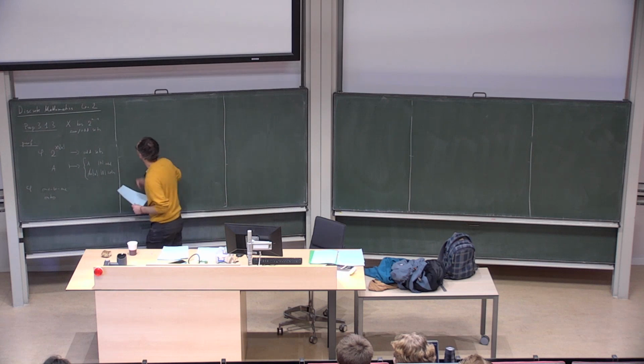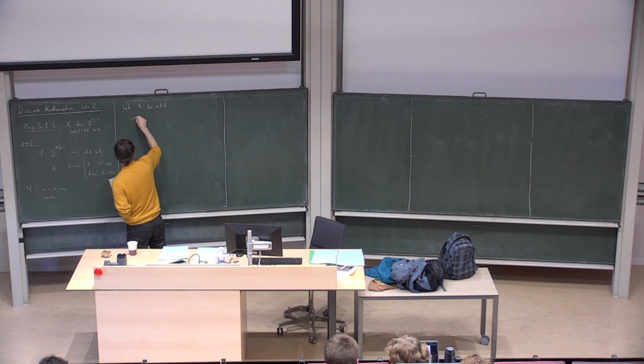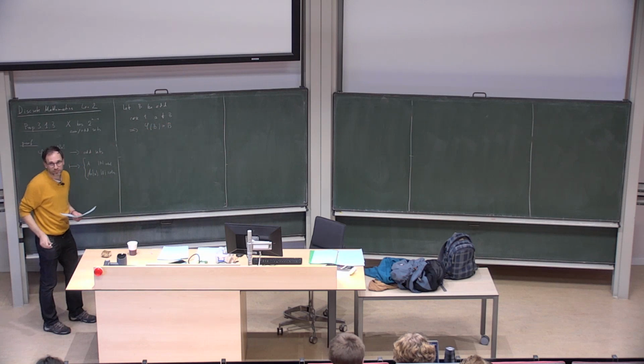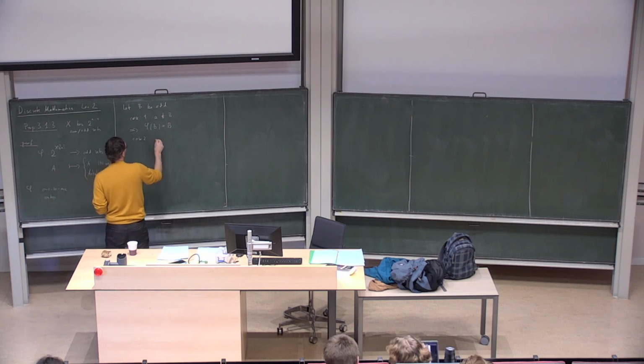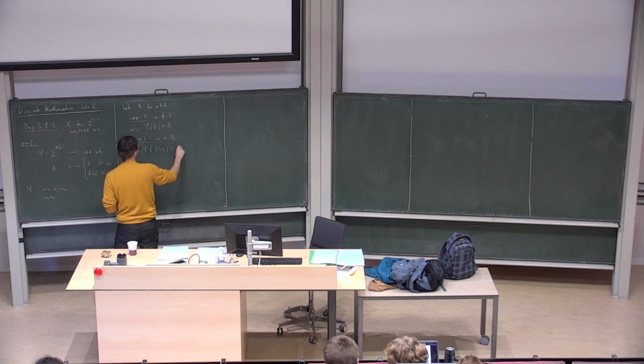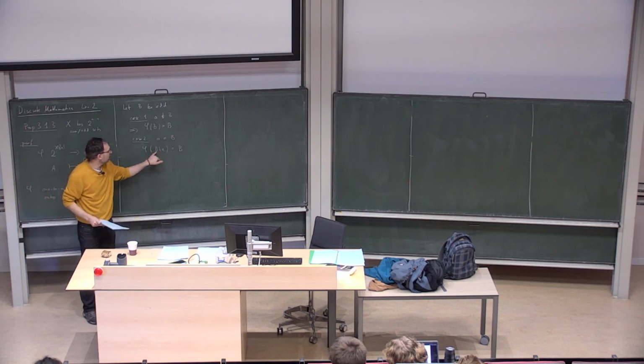Okay, so let B be odd. Case 1, a is not an element of B, then phi of B equals B. Case 2, a is an element of B, then phi of B without a is B. So B without a is an even set, so we will add a to it.